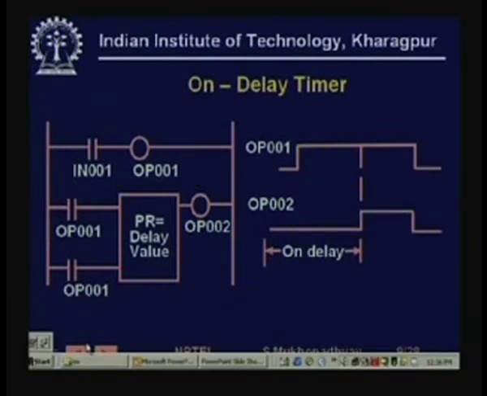So, let us see the other kinds of timers. Before doing that, we want an on delay, so let us use this on delay timer now in our die press example to see whether we can introduce a delay. After the down lamp goes on, we want the up solenoid to go on after an on delay.